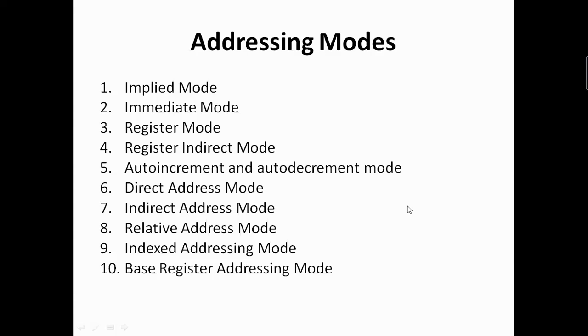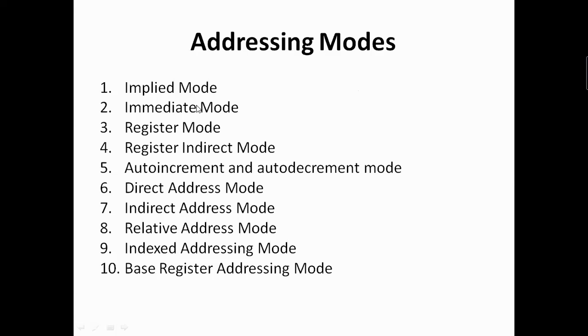What are the various modes that an address can represent? That is what is called an addressing mode. Right? So if a computer has an instruction, there is an opcode, fine. Then after that opcode, there is some address. What type of address is that? What does that specify? That is what we call addressing mode.